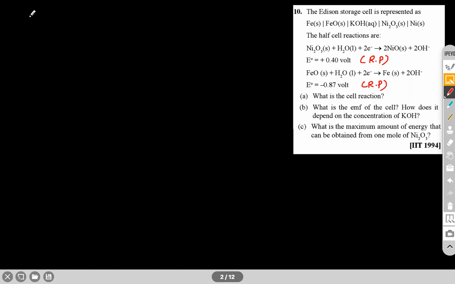Okay, so cathode is this reduction. Okay, I'll write down here only. This is cathode. Obviously, it is the right side, so it is cathode. Left side, so it is anode.